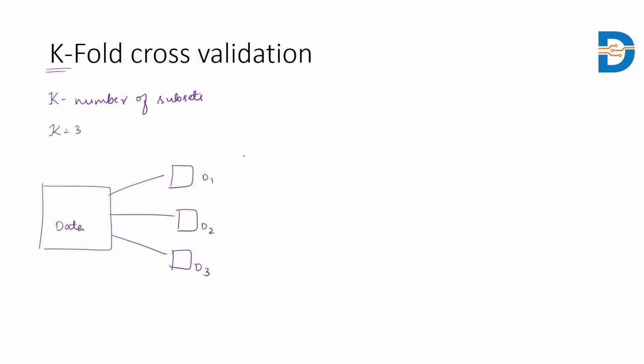Our understanding of K-fold cross-validation is that K minus 1 folds, or K minus 1 subsets, will go for training and act as the training data. The remaining one set acts as the test data in each iteration.